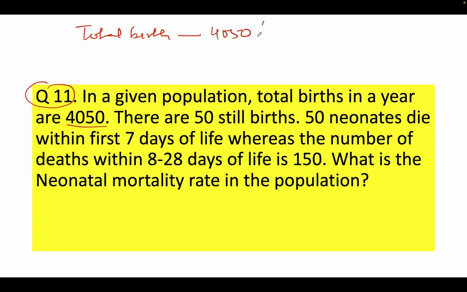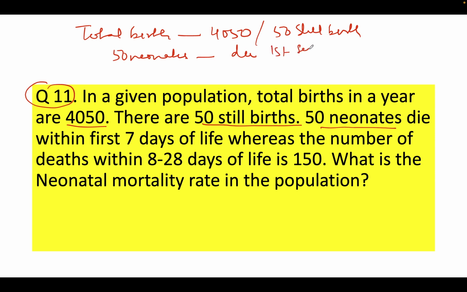In that, 50 are stillbirth, which is written here in the question. 50 neonates die within the first 7 days of life, whereas the number of deaths within 8 to 28 days of life is 150, right?